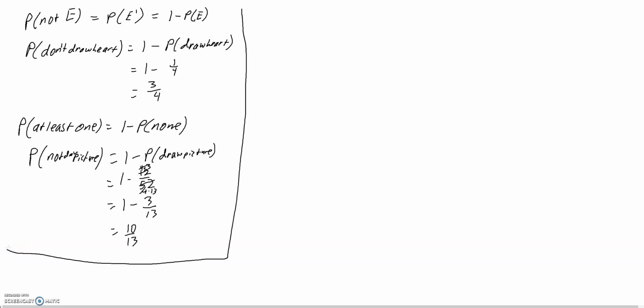Okay. So now let's go ahead and discuss how we can find the probability of things that are dealing with OR. Okay. So when we're dealing with OR, we need to first discuss the concept of mutual exclusivity. Okay. So two events are said to be mutually exclusive if they cannot occur at the same time.